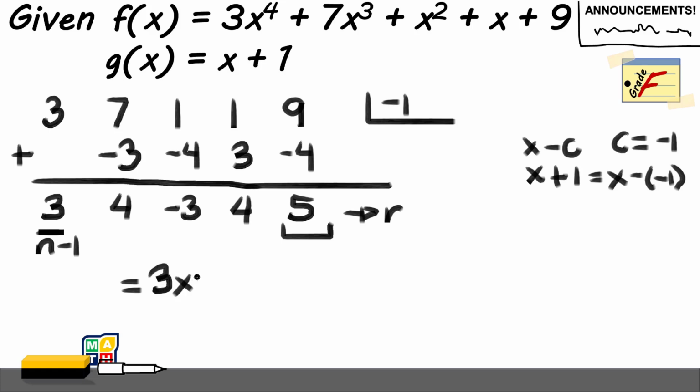Again, we will not be using 4 because we are dividing. Therefore, we have here 3x cubed, followed with this coefficient plus 4. The next term here is x squared. Next, since the coefficient is negative, you have minus 3. And the next term here is x. The last coefficient here, aside from your remainder, is your constant, plus 4. This is your quotient when you divide the two functions.